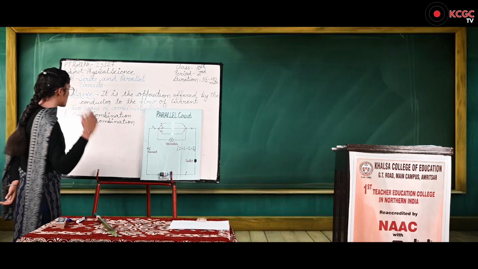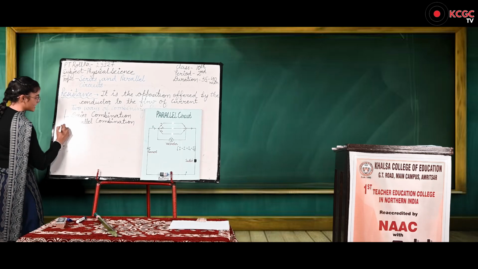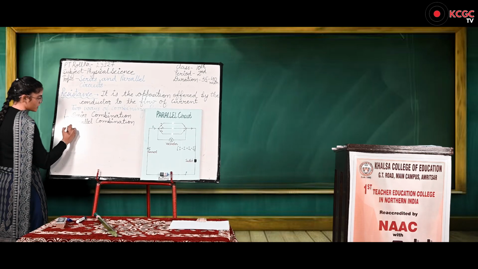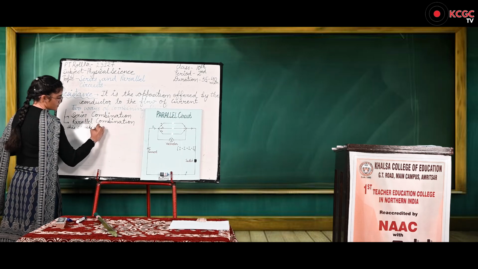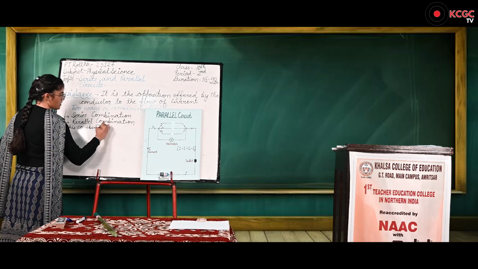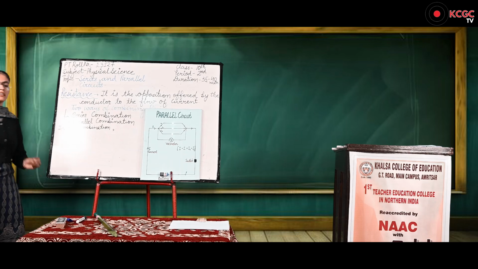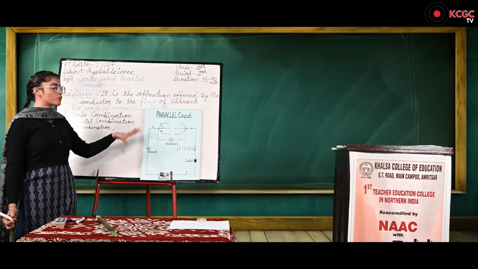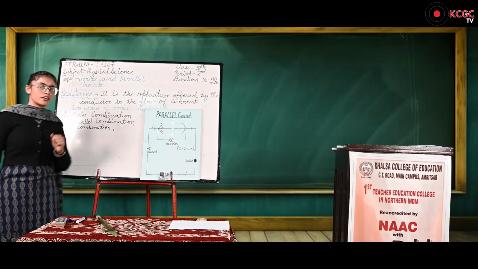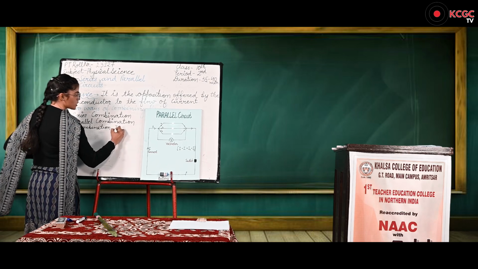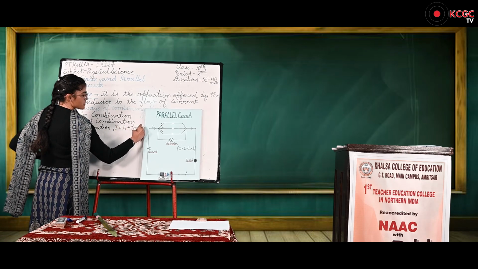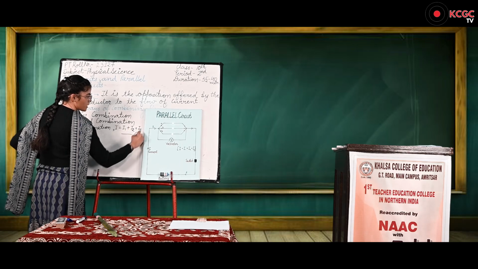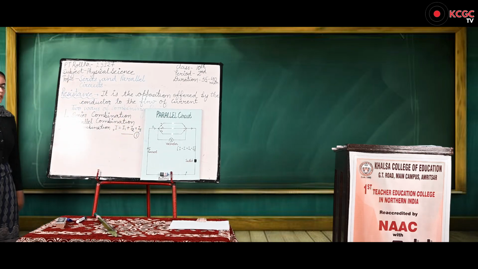So students, note down in your notebooks that in this combination, which value is varying? Which value is changeable here? Current. Very good. So current is going to be divided into I1 plus I2 plus I3. We can put it as equation number 1.